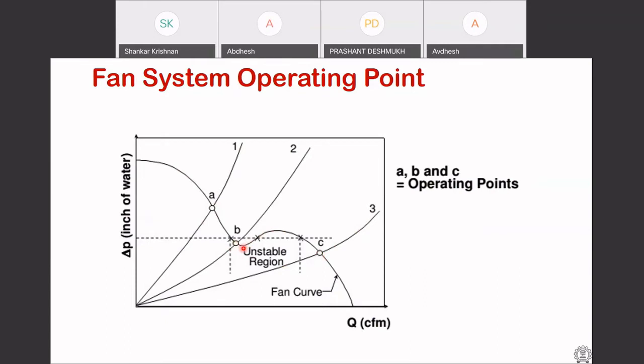This knee is a problem region because, as you can see, for a given pressure drop, there are 3 possible flow rates that a fan can generate because it is very unstable. It can give me a flow rate Q1 or Q2 or even Q3. So it is always better to avoid this knee.